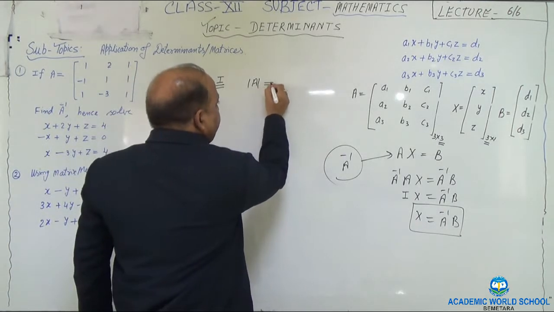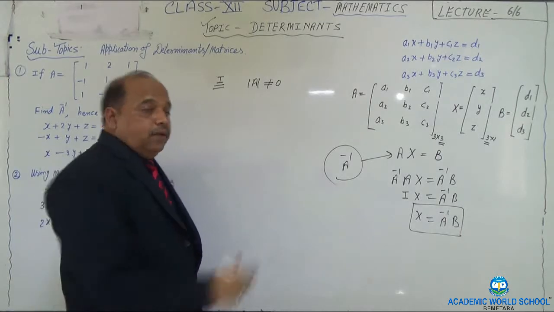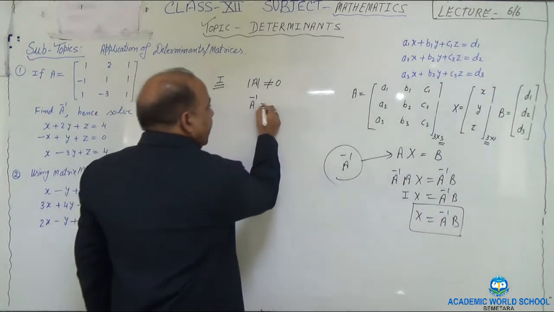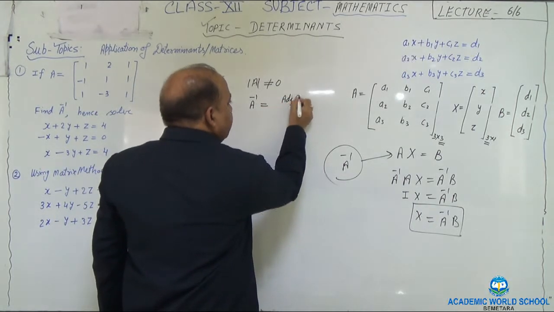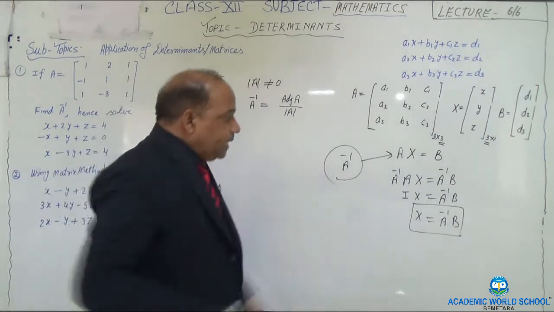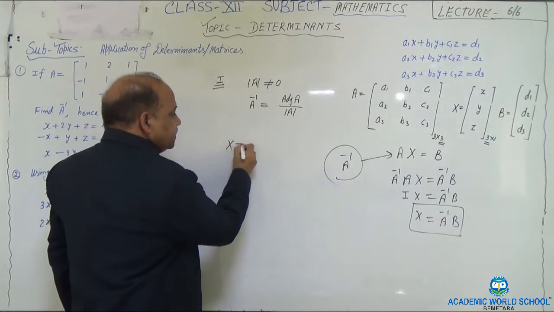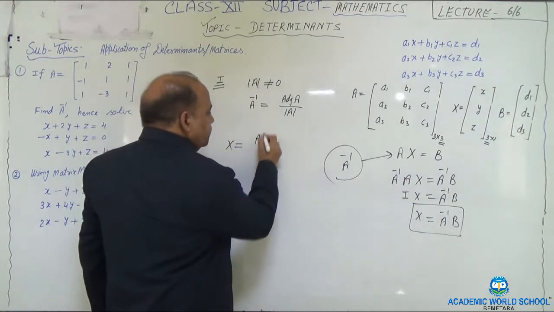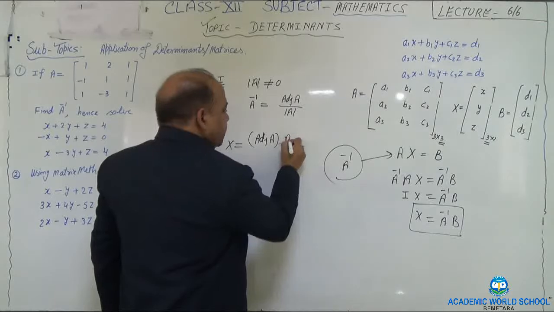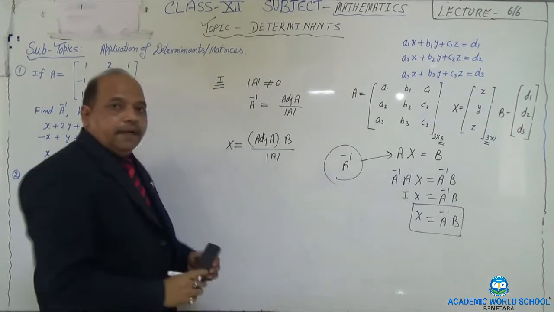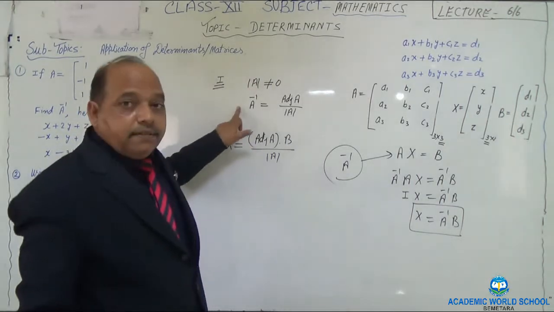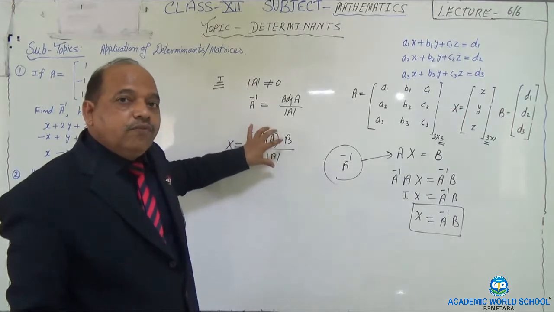If the corresponding determinant is non-zero, then only A inverse will exist. Fine. And what will that be? A inverse will be adjoint of A divided by determinant A. Clear? So on your right hand side you can say X will be equal to adjoint A multiplied by this B upon determinant A. Now as this is non-zero, therefore it exists, and this is unique, therefore this solution will also be unique.